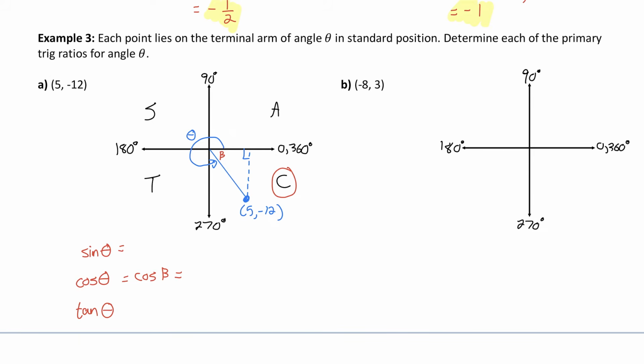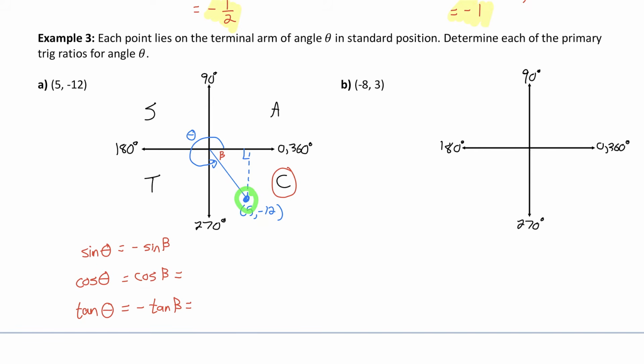Sine of theta would be equal to negative sine of beta, and tan of theta is going to be equal to negative tan of the reference angle beta. Notice I'm making the sine and tan ratios negative when I switch the principal angle to the reference angle. But I have to leave the cosine ratio positive when I switch the principal to the reference because in this quadrant, cos is positive.